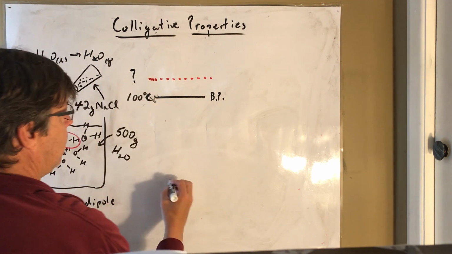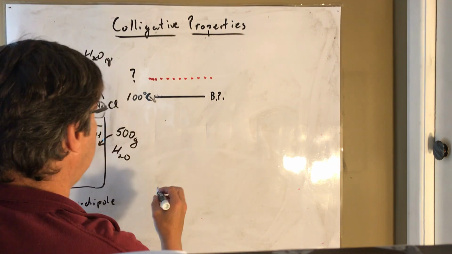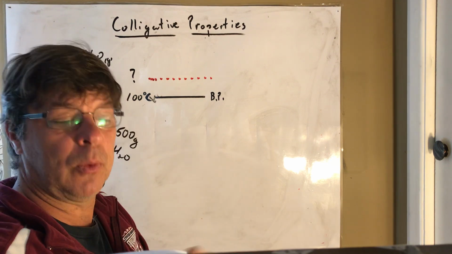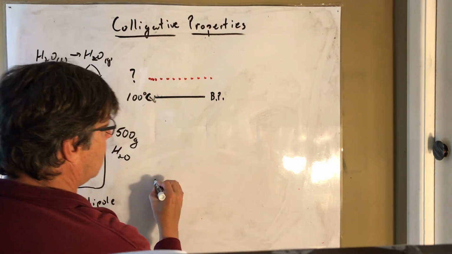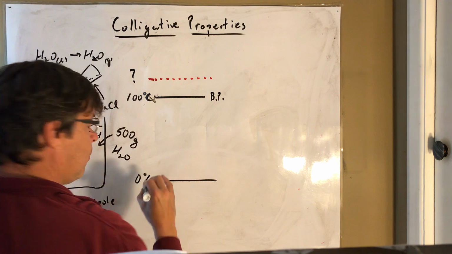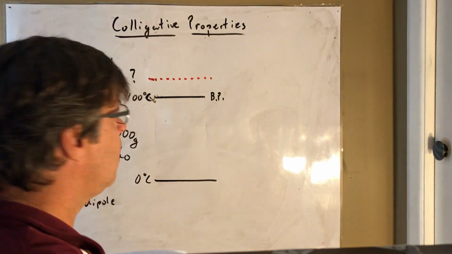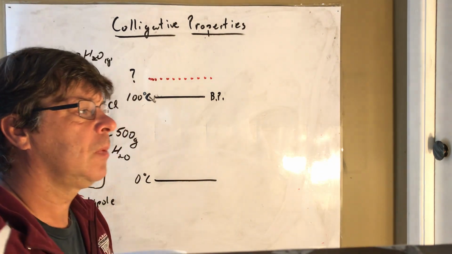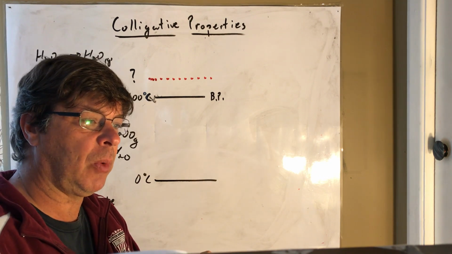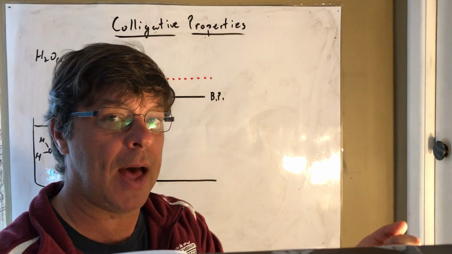All right, freezing point. If we were to put this in the freezer, normal water would freeze at 0 degrees Celsius. But from the video with the seltzer, whenever you add something to water, it depresses the freezing point. In the case of seltzer, that was carbon dioxide.